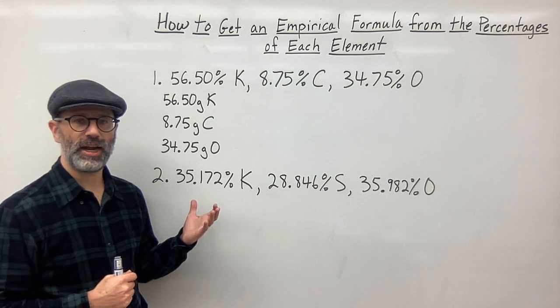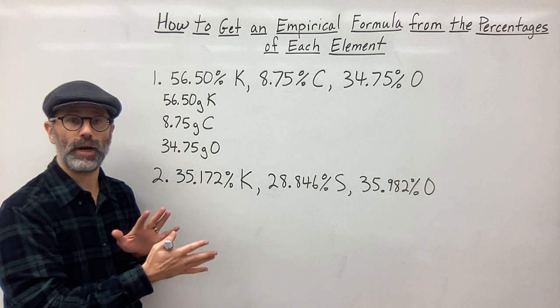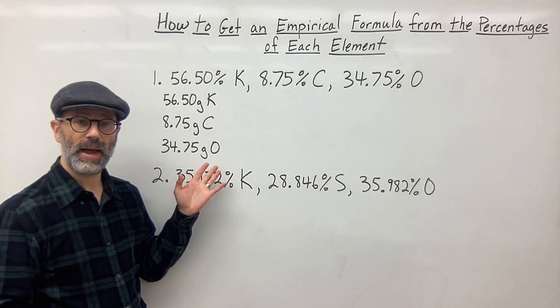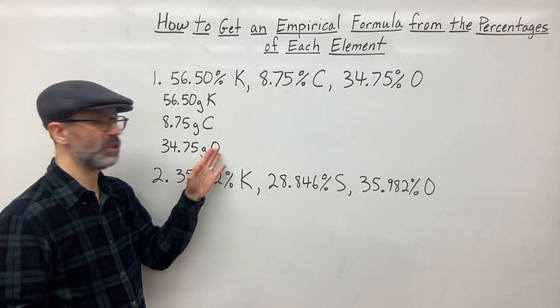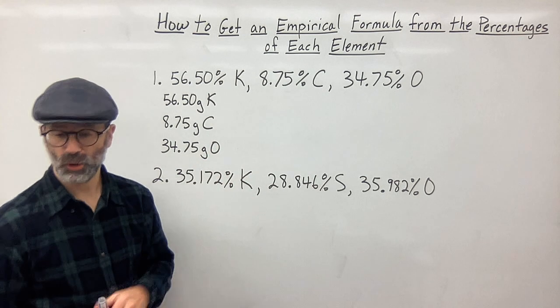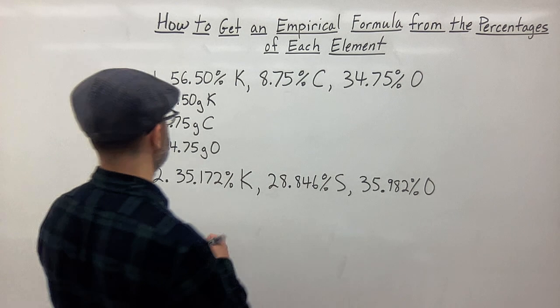Now that we have grams, we now need to get to moles, because we need a mole ratio. How do we get to moles? We use the molar masses of our elements to convert from grams to moles. So we look up the molar masses of each element. Potassium is 39.10.